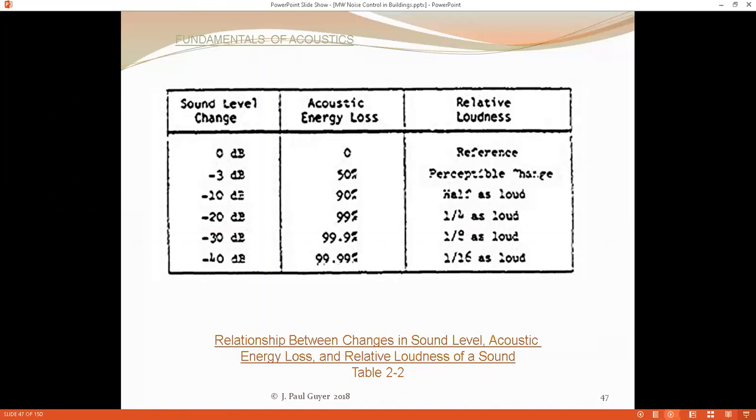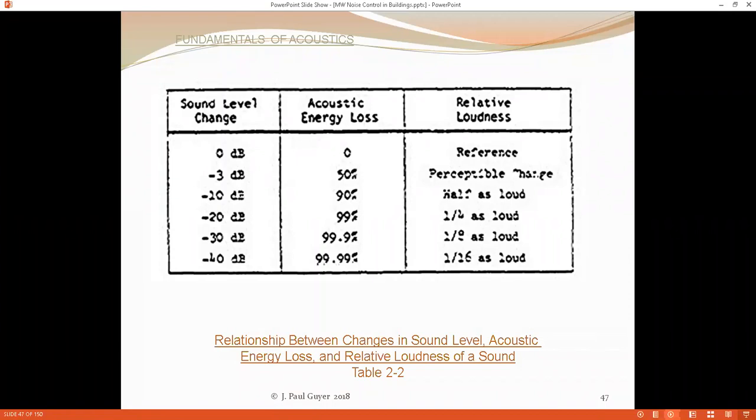If you have a sound and it is reduced by around 3 decibels, the human will say, yes, I can perceive that the sound changed. If you do the arithmetic, the actual acoustic energy loss with a 3 decibel reduction is around 50%.